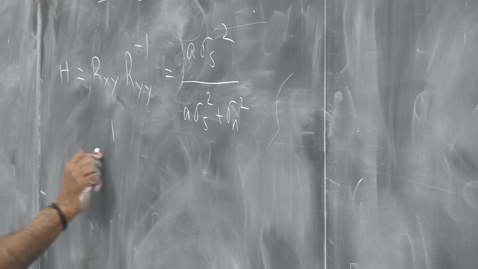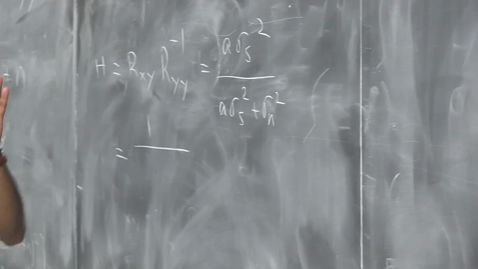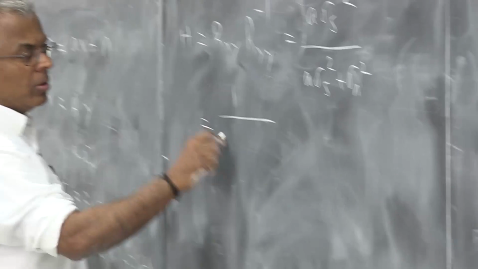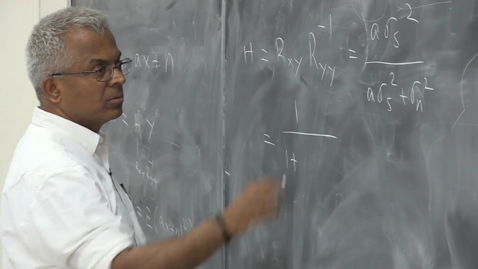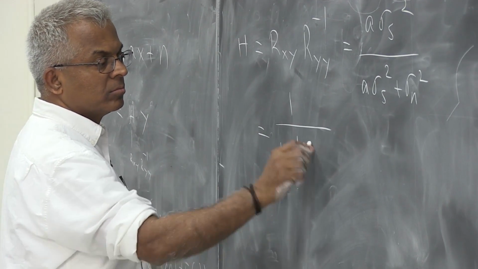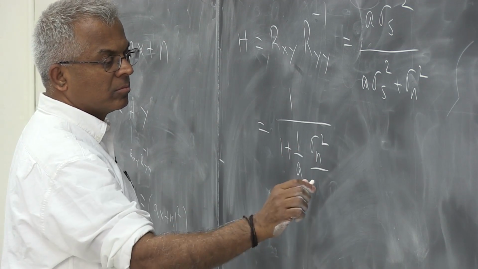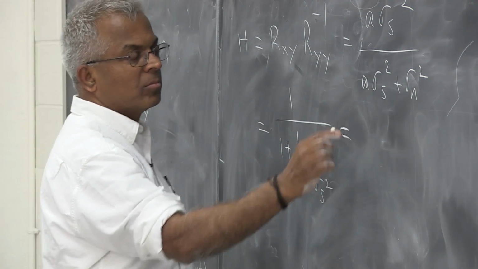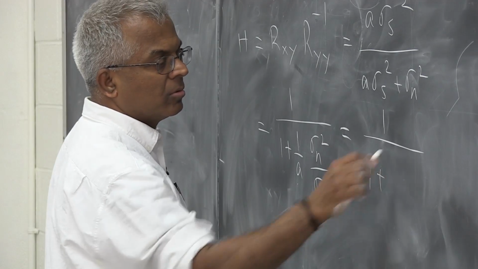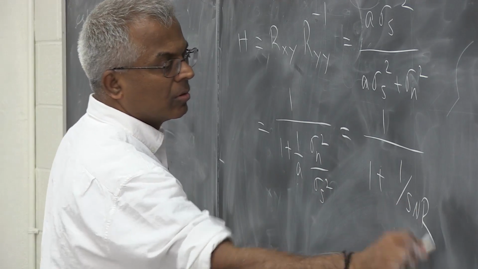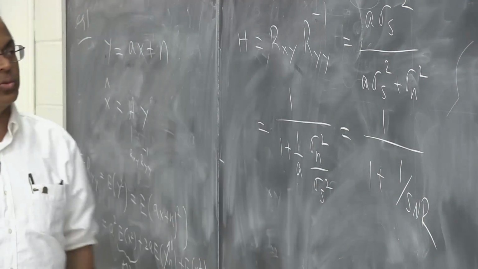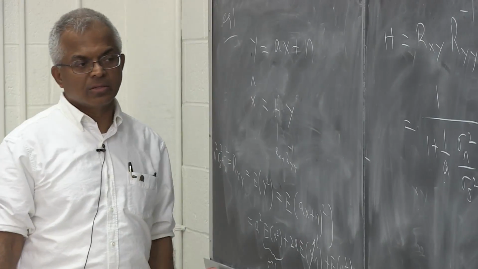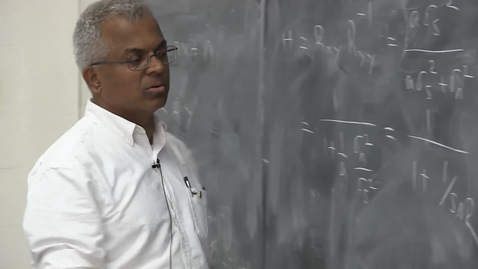So this is 1 over 1 plus, so a is 1, let's say, right? If a is 1, that's that, or a is not 1, it is still 1 over.